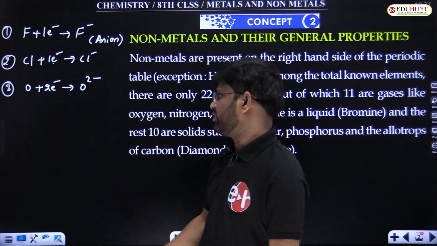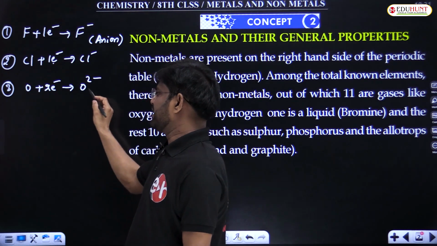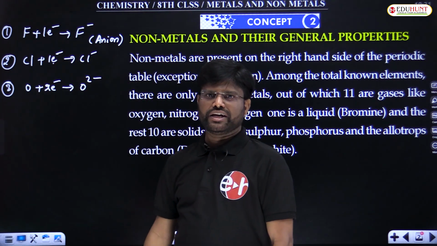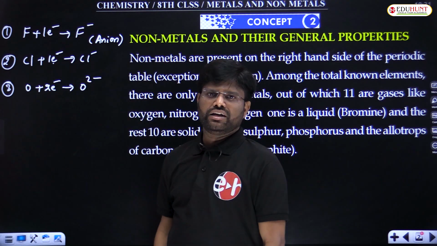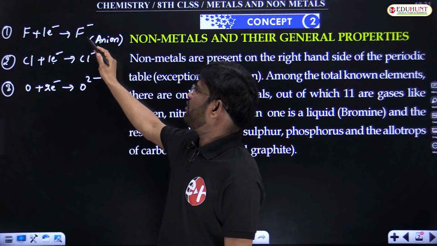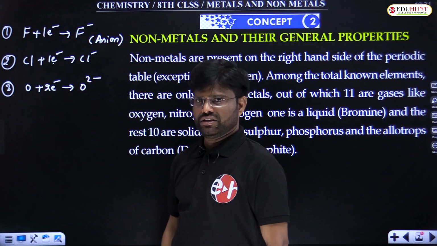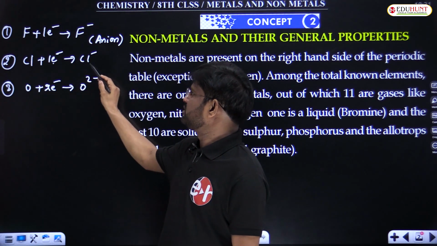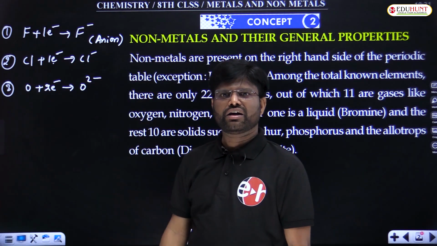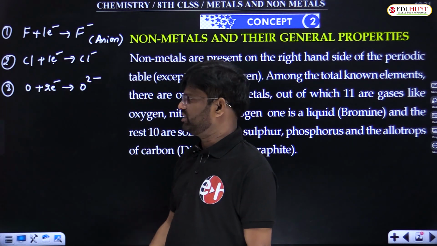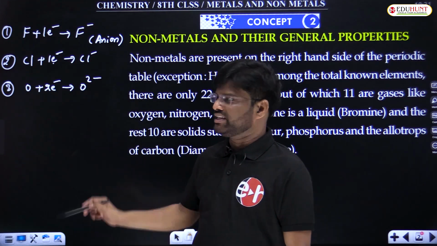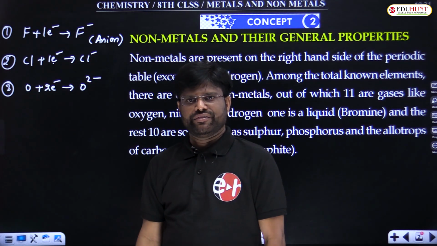In the same way, to get the neon configuration, fluorine forms F minus. Cl gains 1 electron to form Cl minus, which has the argon inert gas configuration. Oxygen takes 2 electrons to form O2 minus, which has the neon electronic configuration.